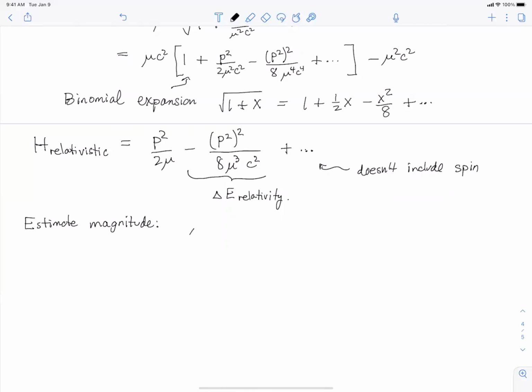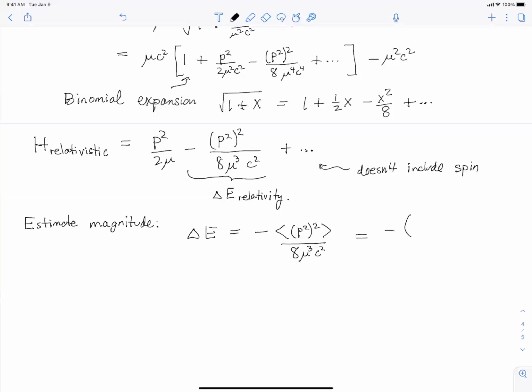Okay, and so delta E is minus the expectation value of p squared squared over 8 mass cubed c squared. And very roughly speaking, we're going to say that the expectation value of p squared squared is the square of the expectation value of p squared, even though that's not quite right.